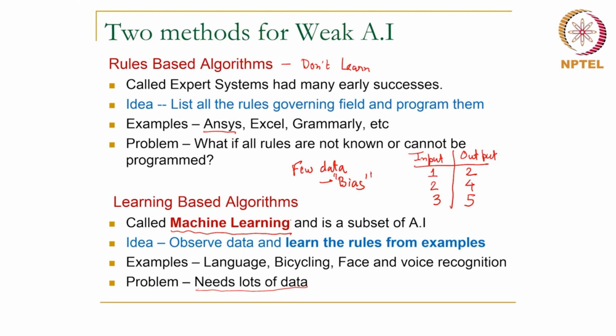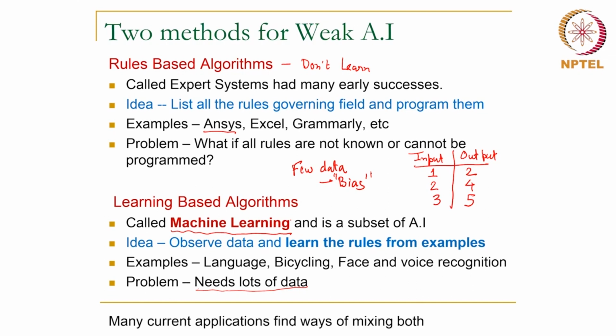That is an example of very little data, lot of bias. So this is a problem with AI, and we will see later when we come to doing machine learning or ANNs on even heat transfer problems, we have the same problem in that you have to add a lot of data for it to understand what is the implicit rule here.